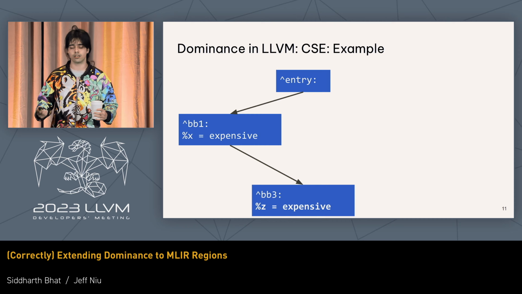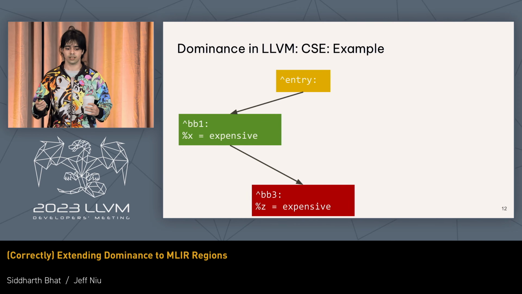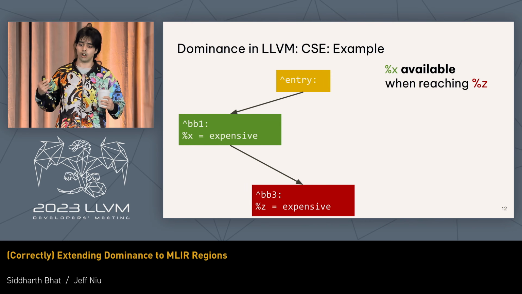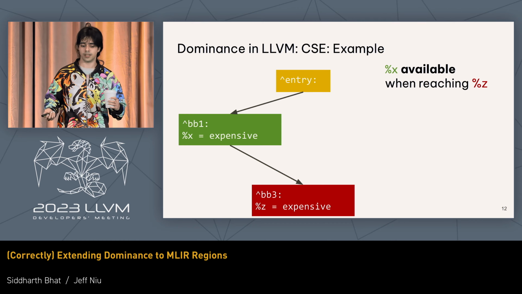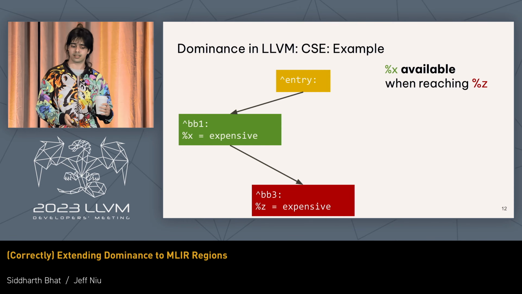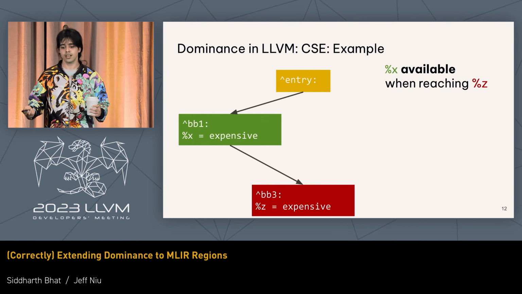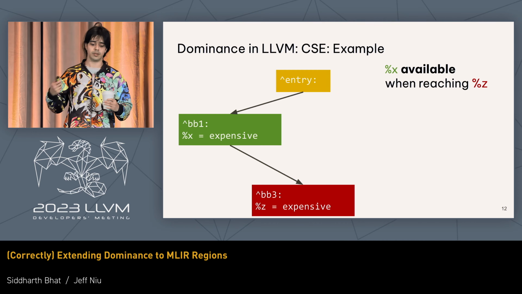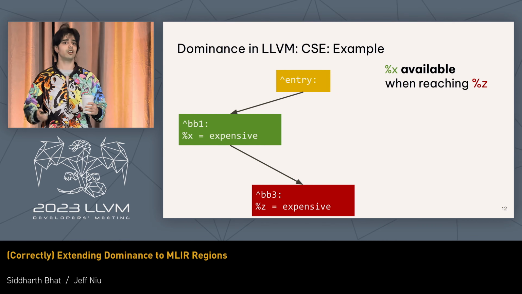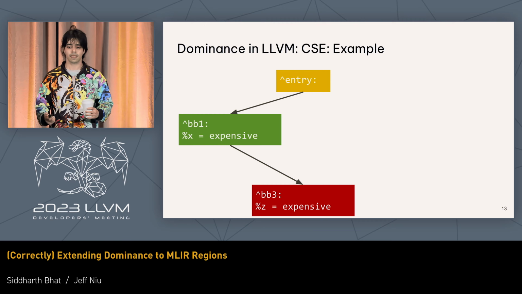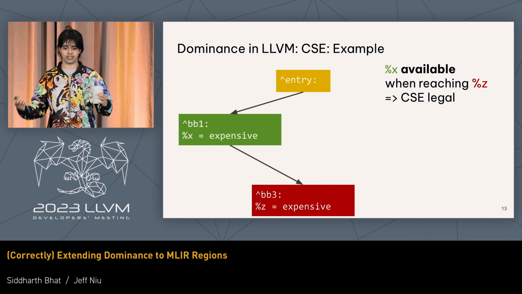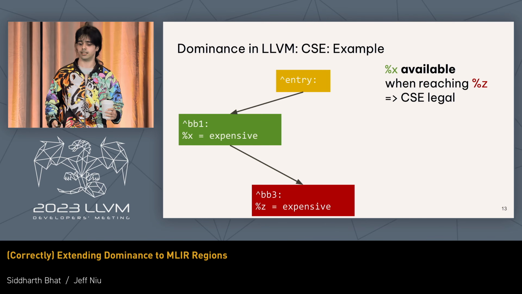If this is our control flow graph, can we always replace the value %z with %x? The answer is yes, we can, because whenever we reach the value %z in basic block 3, we always get to basic block 1. And so it's safe to perform this particular CSE.